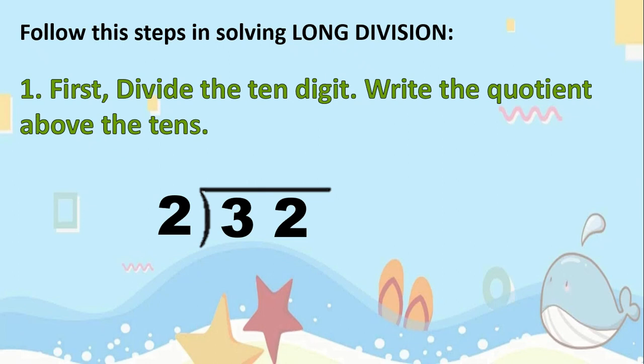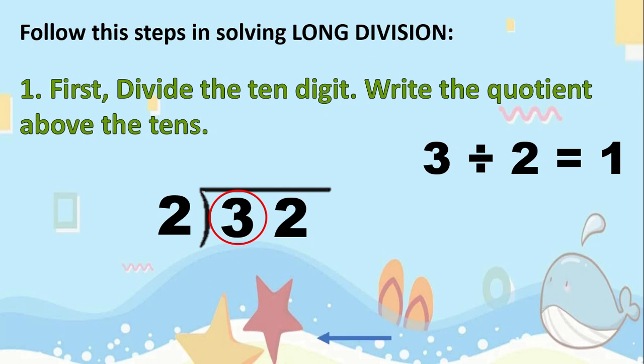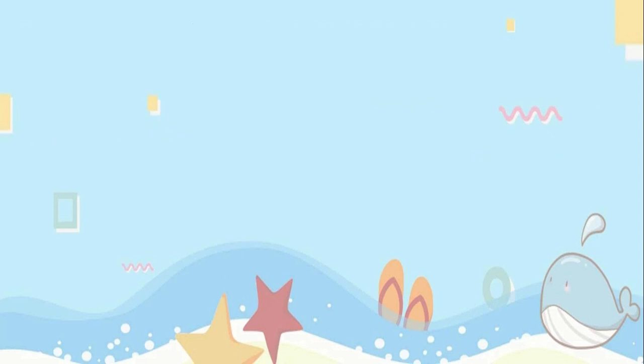How many 2s are there in 3? Very good. So 3 divided by 2 is 1. You will put your answer above the tens. So here, 1.